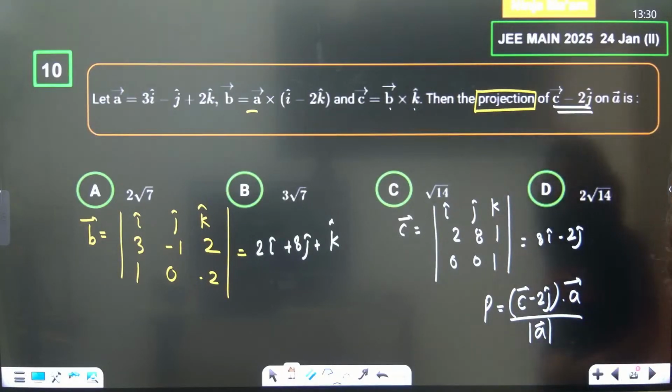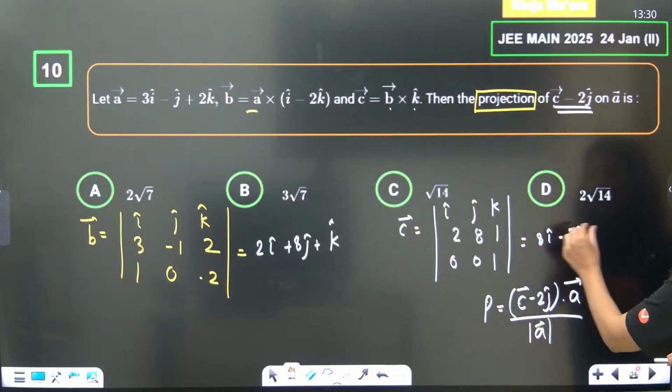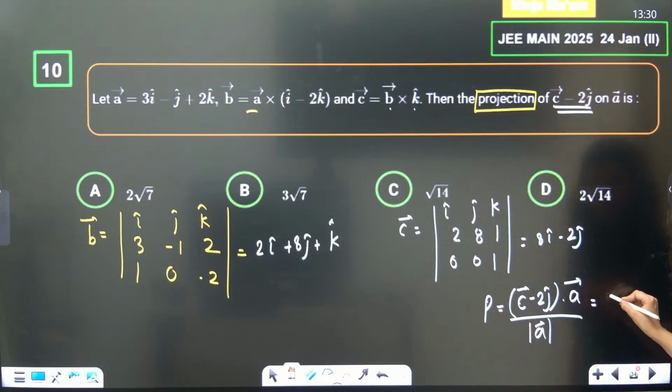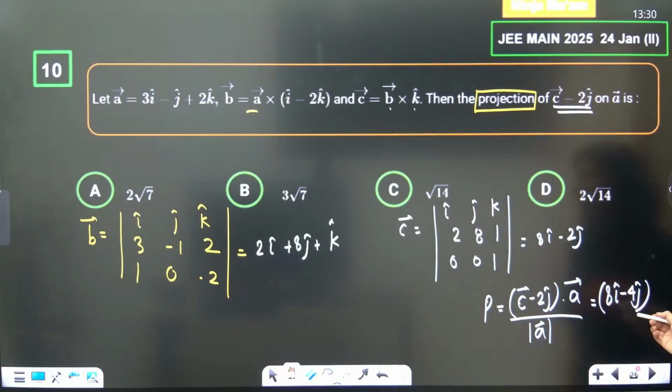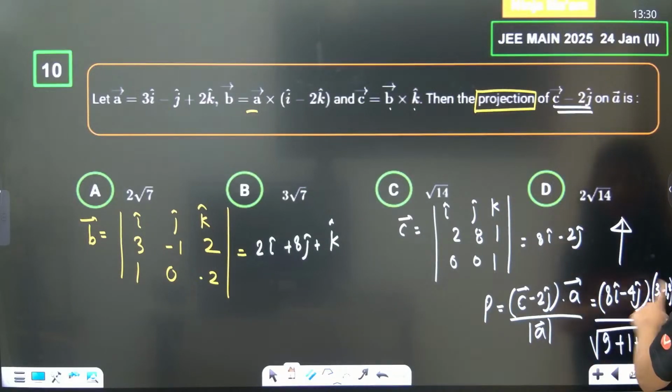So C minus 2J will be 8I minus 2J minus 2J, so this is 8I minus 4J dot A. A is given, 3, minus 1, 2, upon square root of 9 plus 1 plus 4. So this gives 8 threes are 24, then plus 4, 0 is gone, upon square root of 14. So 28 upon root 14.